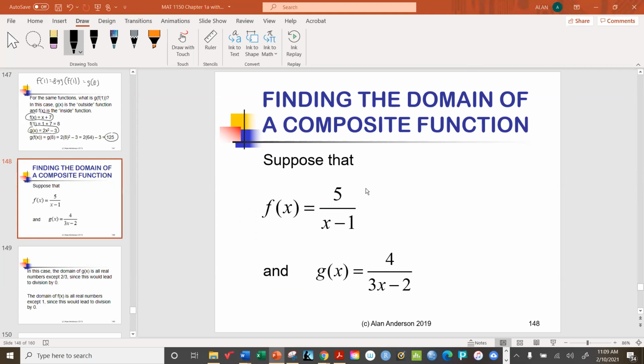Anyway, now this one's pretty tricky because you can see the domain here is basically everything except 1. Down here, the number that causes trouble for us is 2/3. If you plug in 2/3 for x, you'll get 2 minus 2, which is 0.